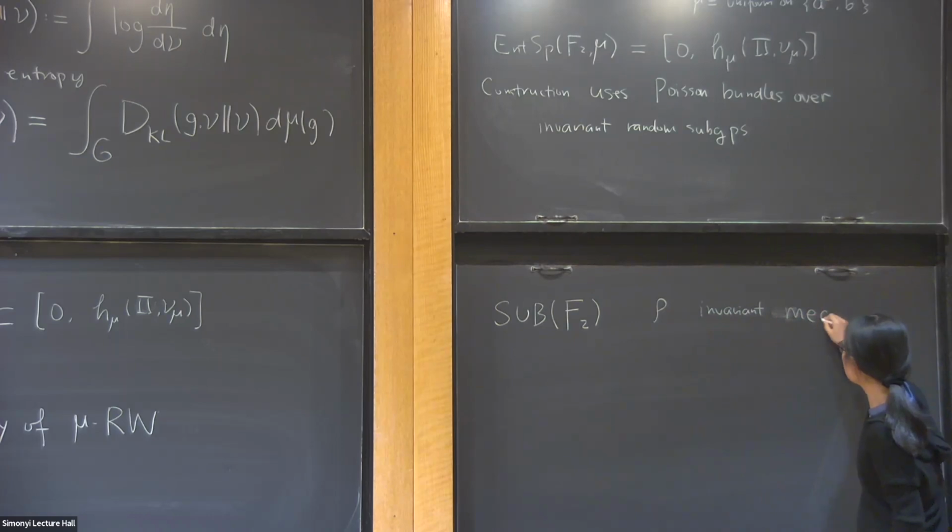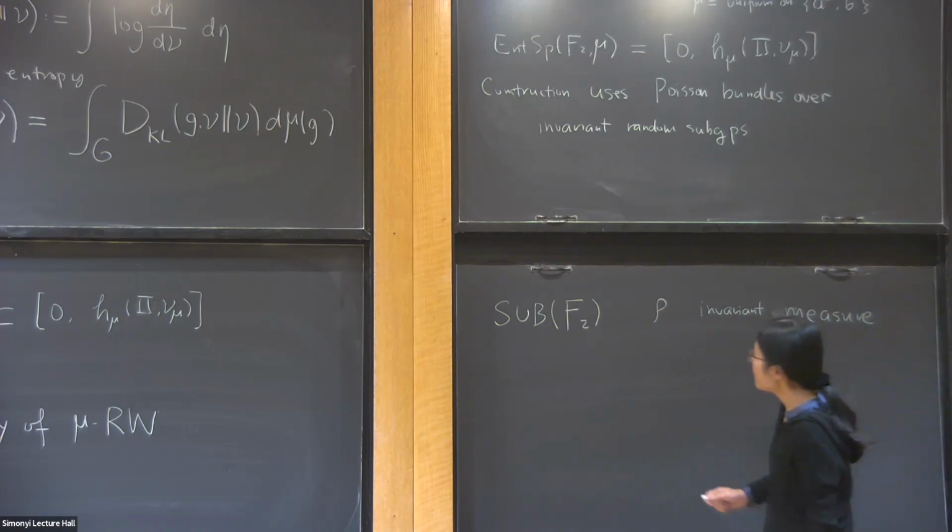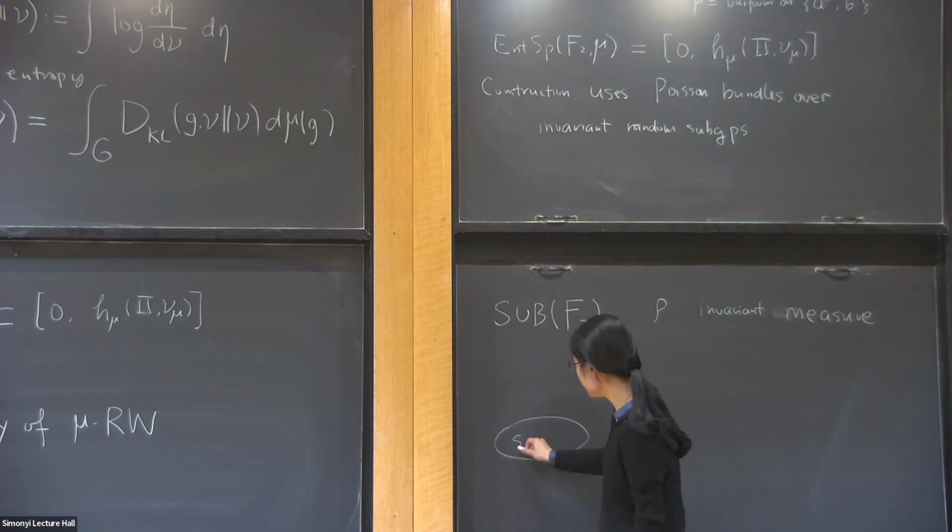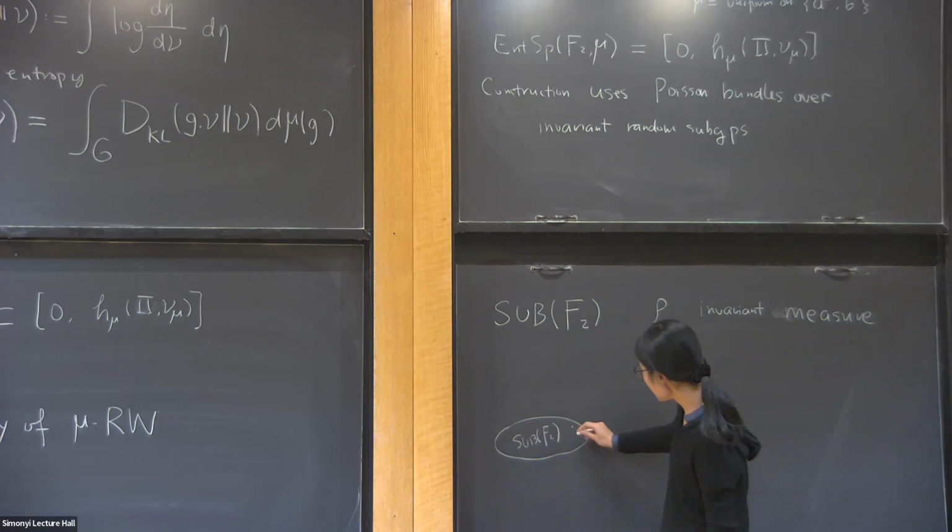So this is the invariant measure. And here F2 acts on subgroups by conjugation. And then you can consider the following bundle. So you take your subgroups, and then for each subgroup here, you put in the fiber.